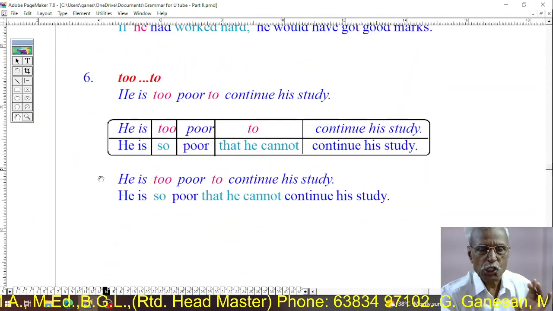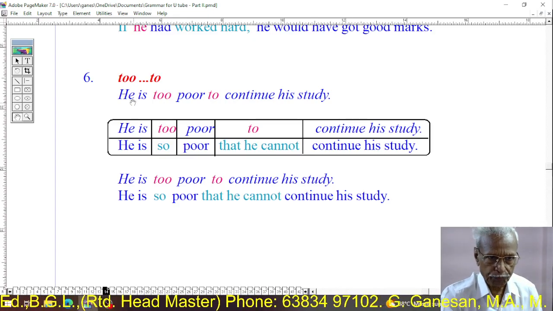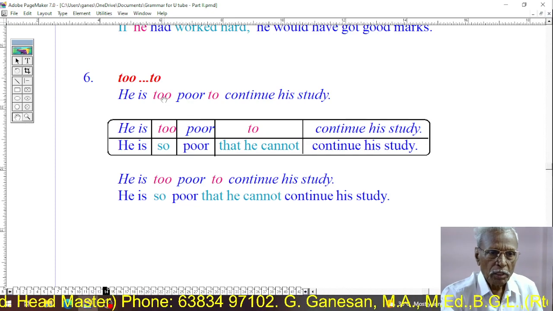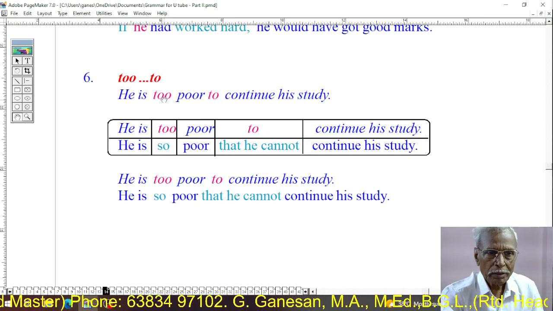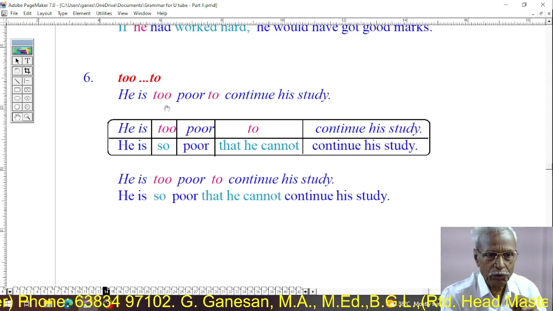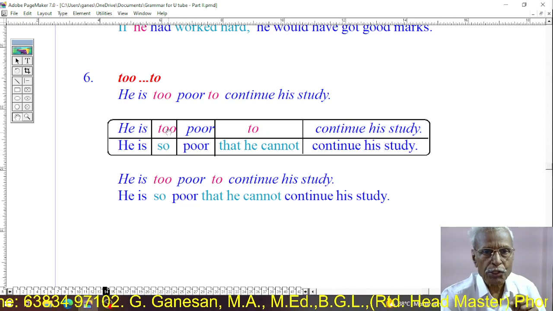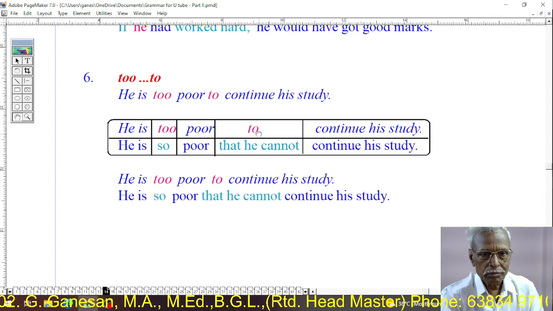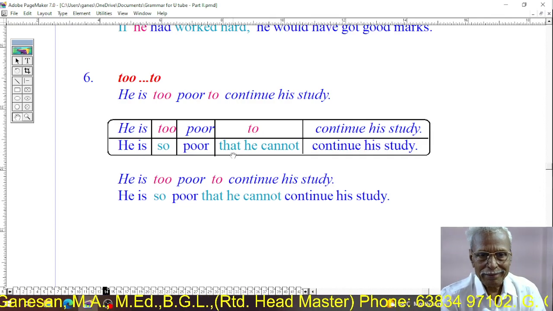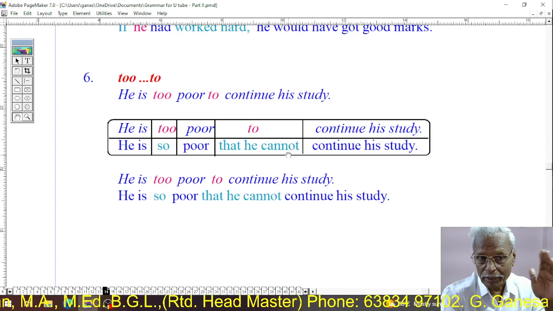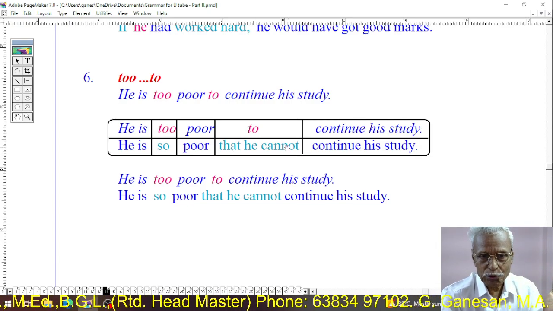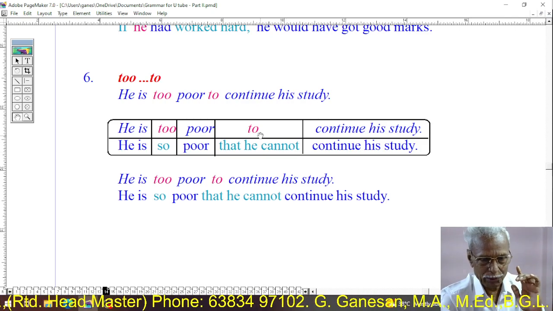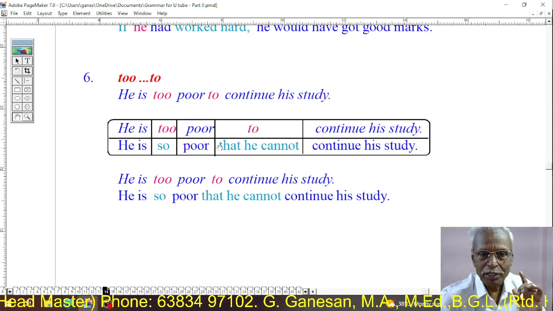Then "to." It has special rules. "He is too poor to continue his study." Here the complex conjunction of "too...to" is "so...that." So "too" is replaced by "so," and "to" is replaced by "that he cannot."